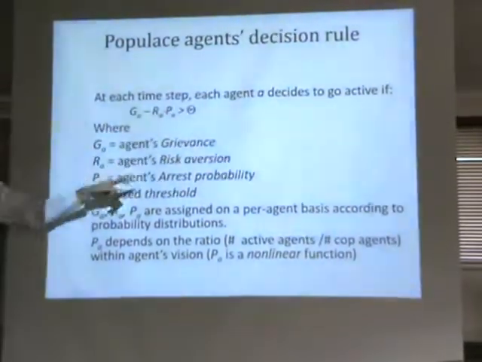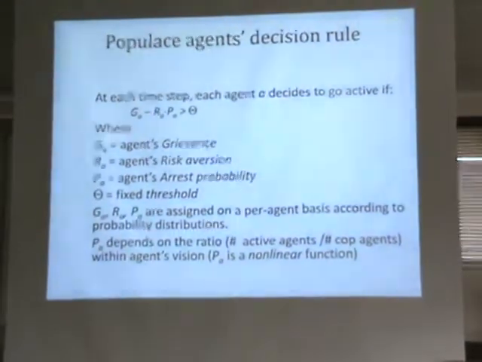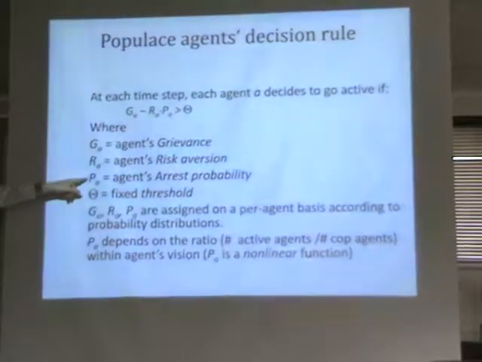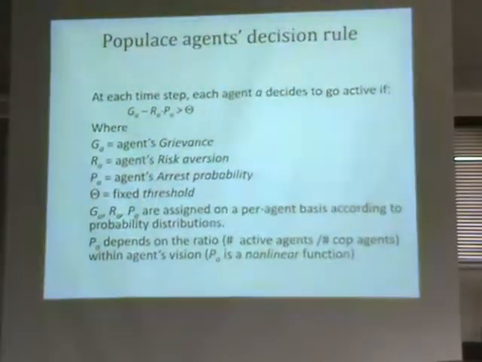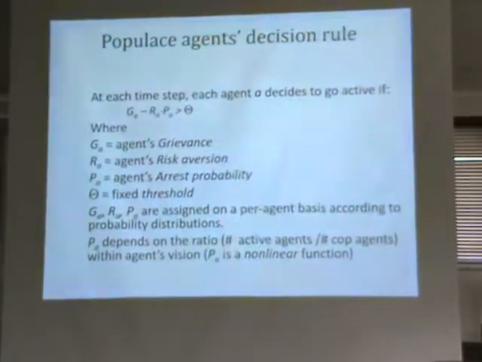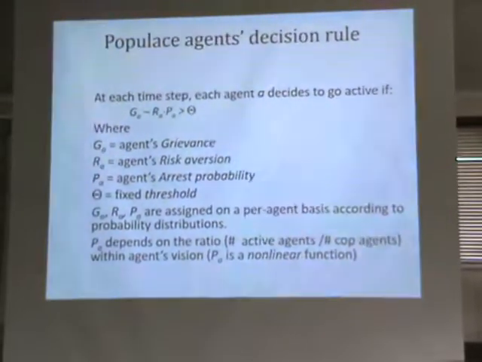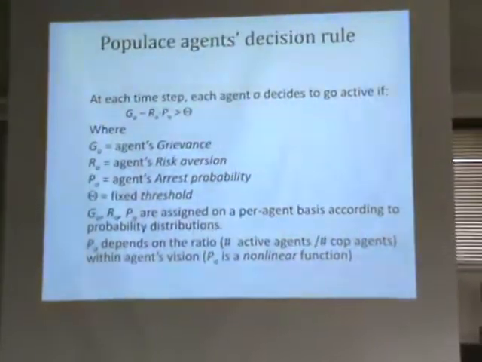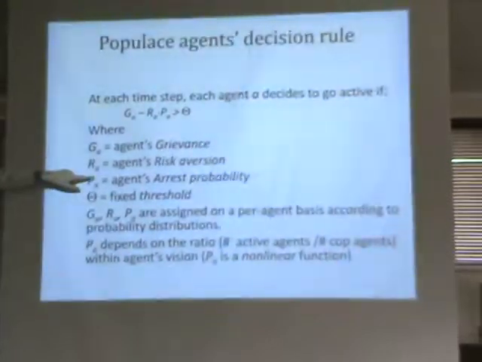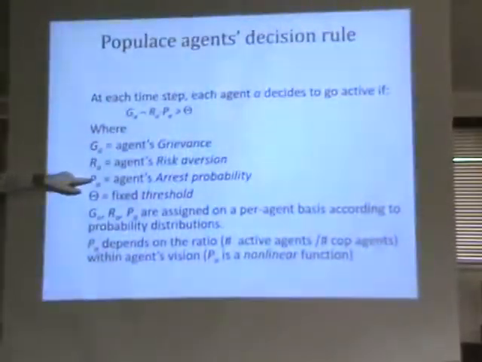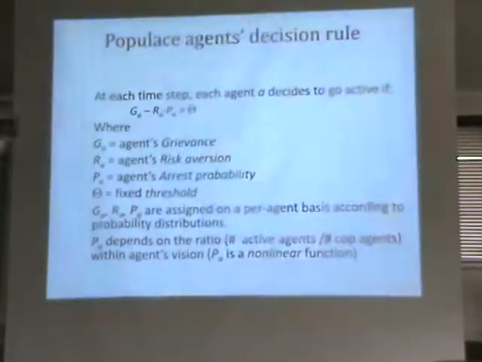And then you have P, which is the agent's arrest probability. This depends on the agent looking around and seeing, well, are there too many cops? Or are there a lot of violent people so I can get away with being violent? This one actually becomes the key, because it depends on the local condition.